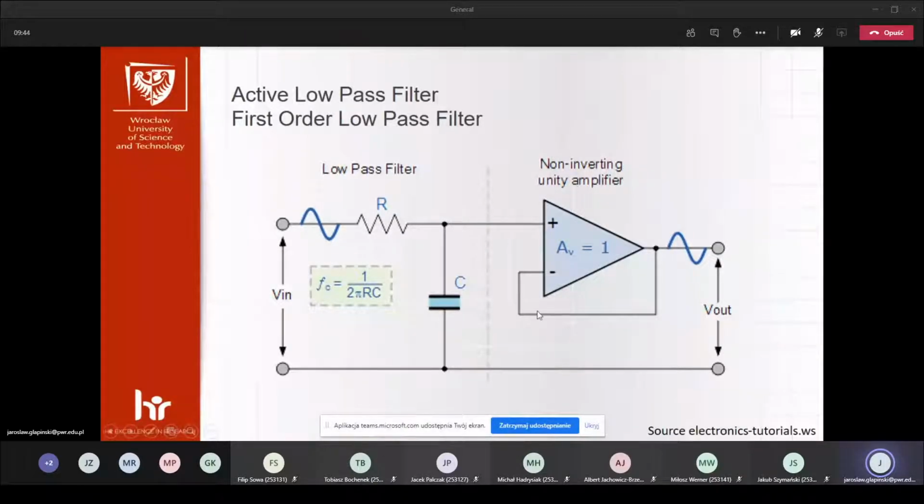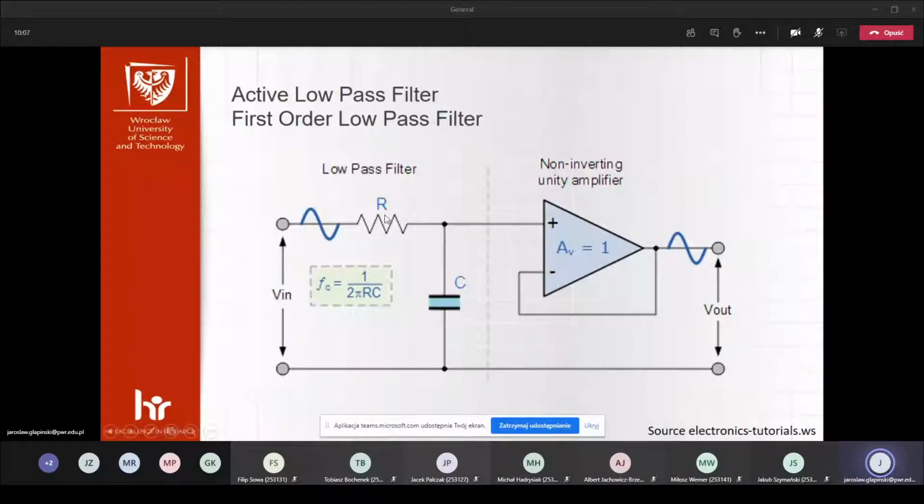Because, if you remember, the buffer gives us infinite input and zero output resistance. So in matter of fact, there is no effect on the input. So this is a solution.